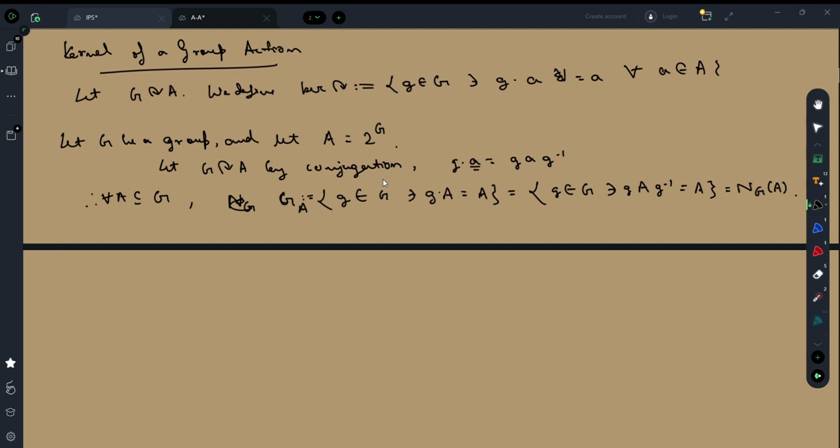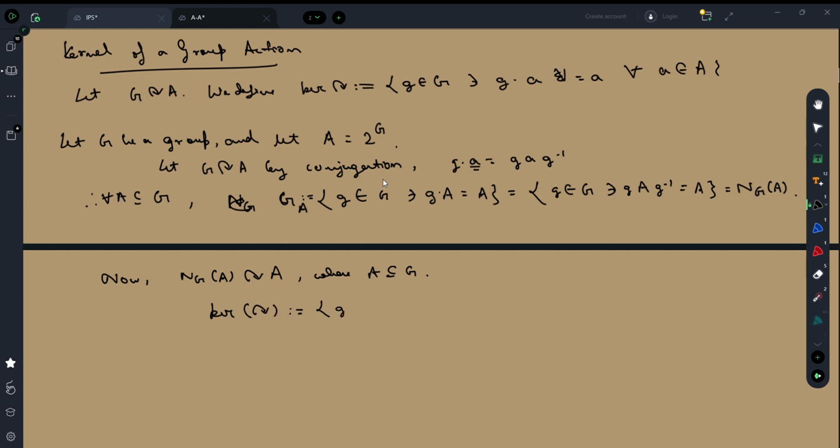Okay. Now what we do is suppose we act the normalizer of A in G on A, where A is a subset of G precisely. Clear? Then what is the centralizer of A? I should say, what is the kernel of this action?